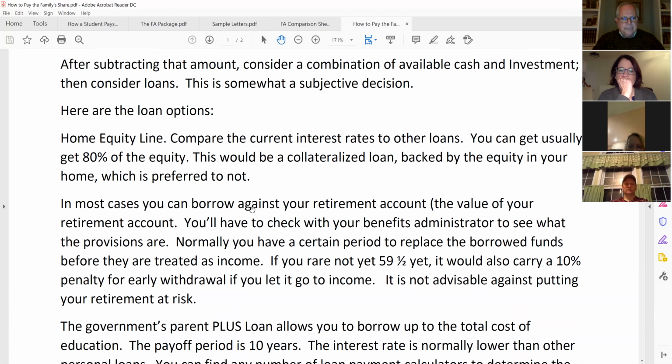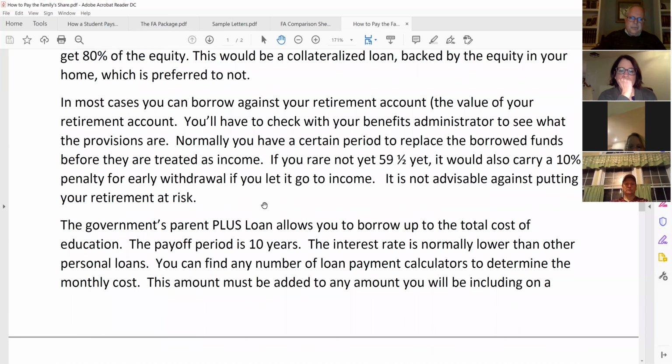qualified for. And then, once we've got that straight, you can come here and figure out how to pay the family share down to include, you'll notice, PLUS loan at the bottom here. So that's the option after everything else has been looked at: the parents take out a loan to cover the difference, or do we look at a private loan? If that's the case, we actually have a partnership with Sallie Mae.